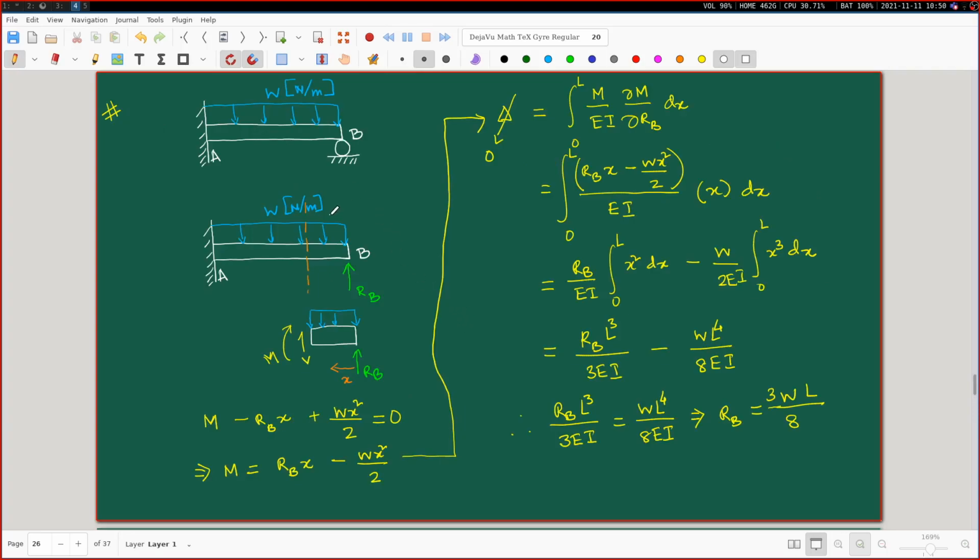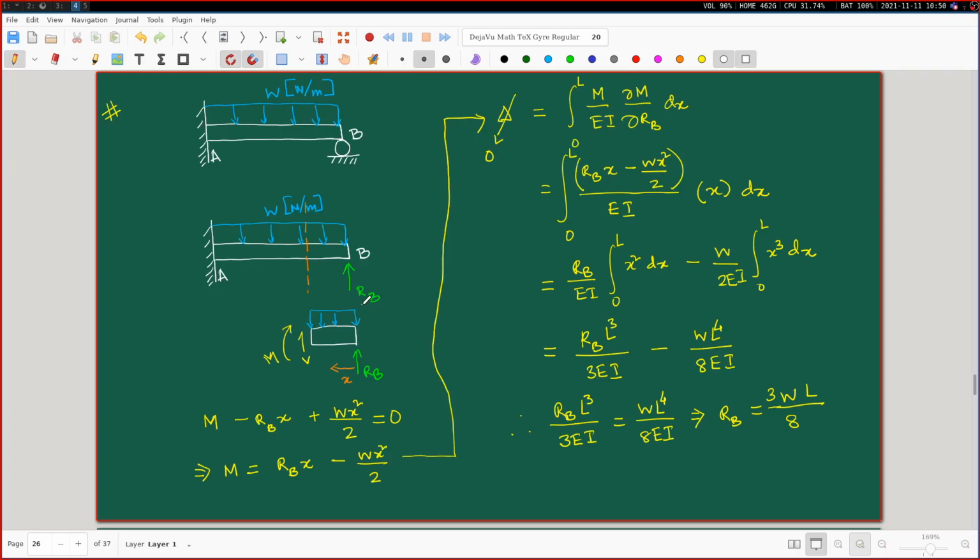You see, we had this statically indeterminate problem, and our objective here was to determine the reaction force here. So we removed this thing and replaced it with this equivalent RB.